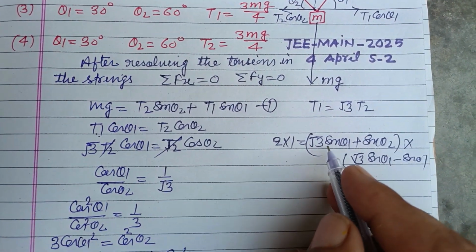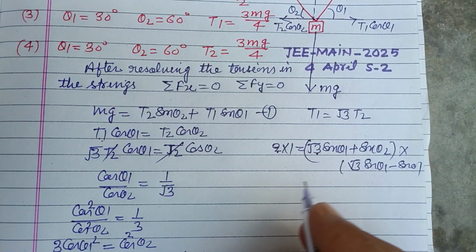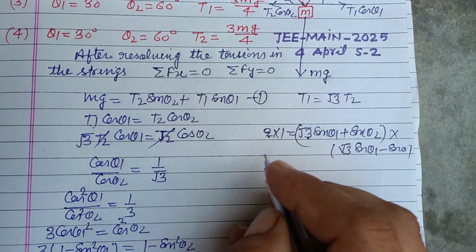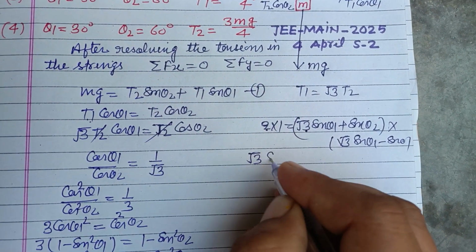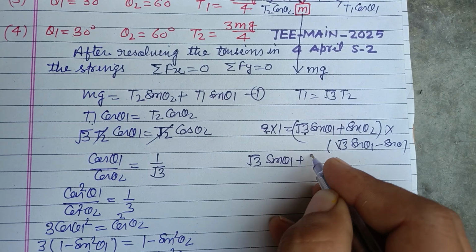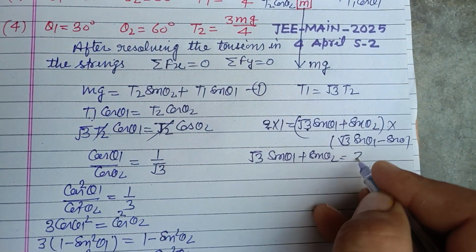From here, the greater part is 2 and the smaller part is 1. So root 3 sin theta 1 plus sin theta 2 is 2.